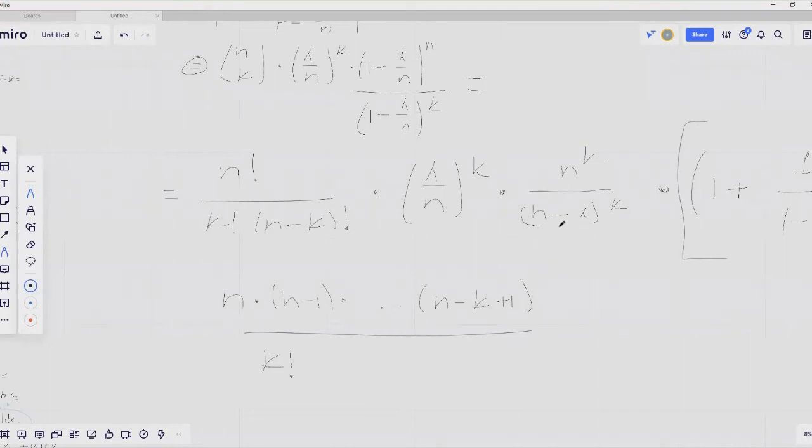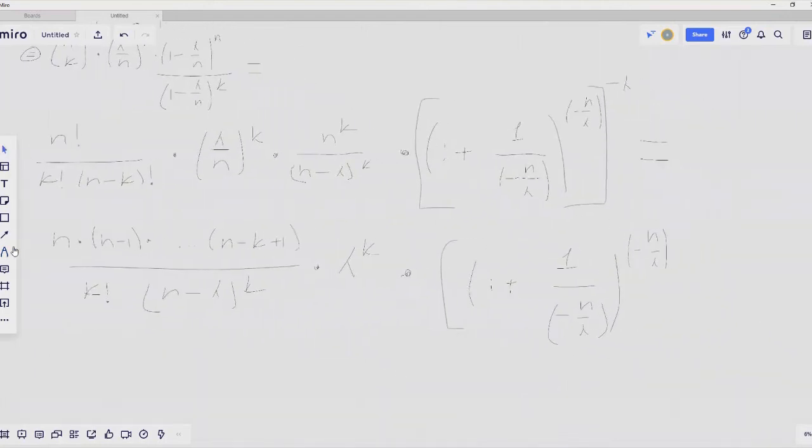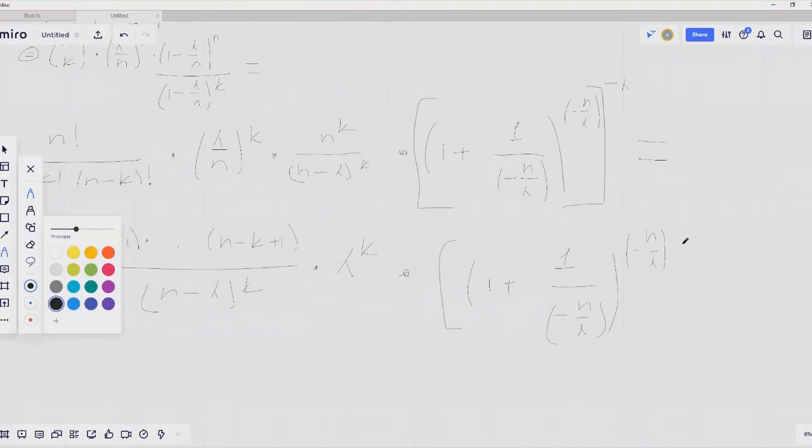In the denominator, I'm going to have (n minus lambda) to the power of k, multiplied by this n to the power of k, which will cancel out with this n to the power of k here. So that will be lambda to the power of k here, multiplied with that thingy over there: (1 minus 1 over lambda) to the power of minus n over lambda. Let me make this bigger. To the power of minus lambda.